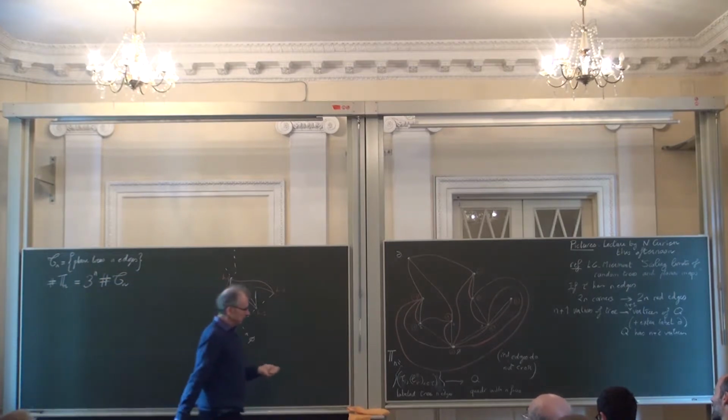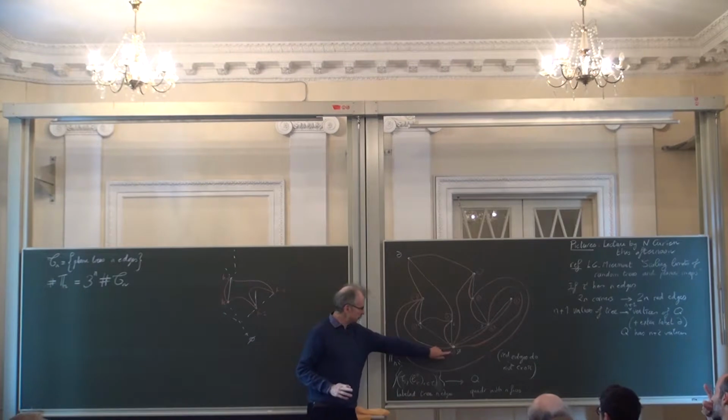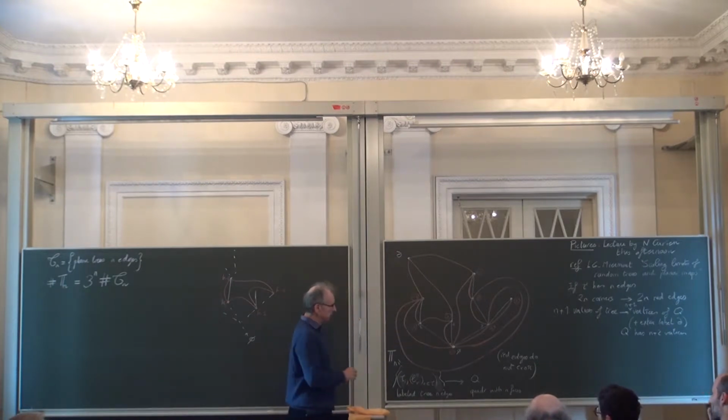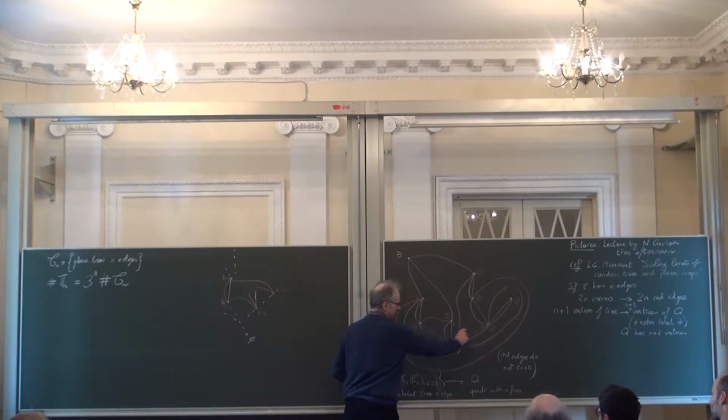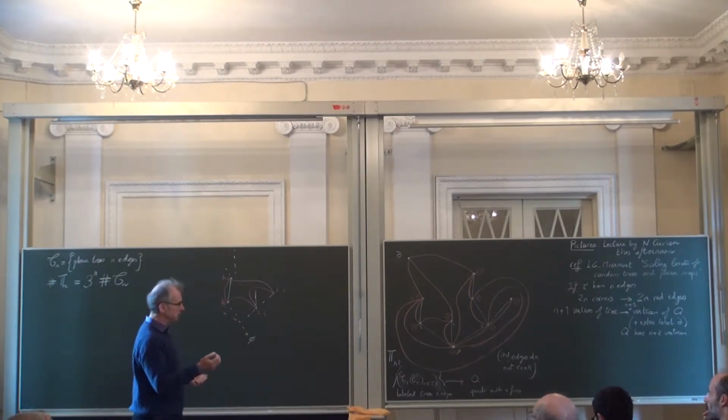Because if you are given the tree, how many choices do you have for the labels? You must always start with label 0 at the root, but then each time you cross an edge, you have 3 possibilities. The label can increase by +1, 0, or -1. This is my rule.